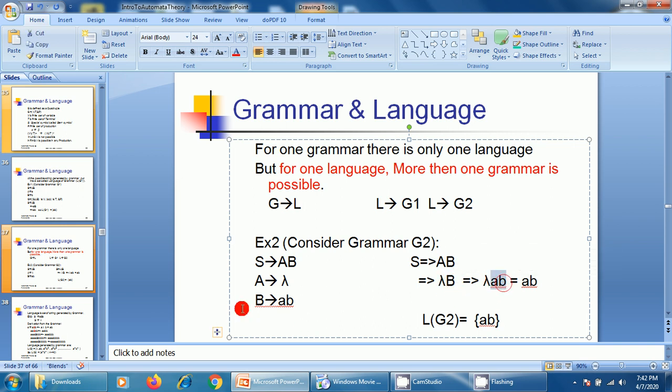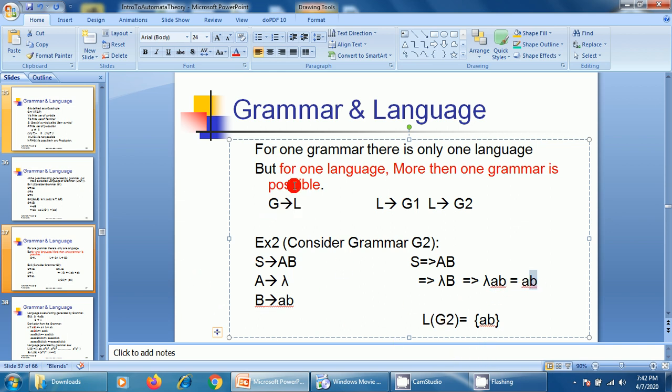Yes, we can write. Why? Because it is given that B tends to Ab. So put Ab in place of capital B. Now it is lambda Ab. We know that lambda concatenate ab equals ab, which means this grammar also generates ab. So the language of this grammar is ab.